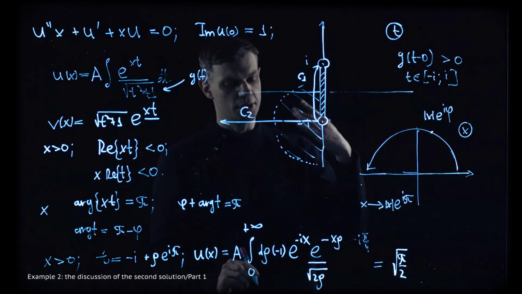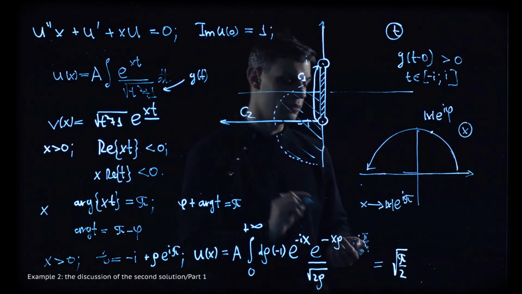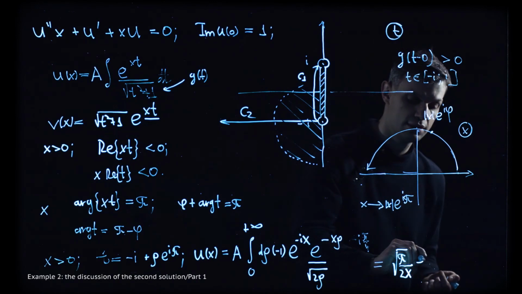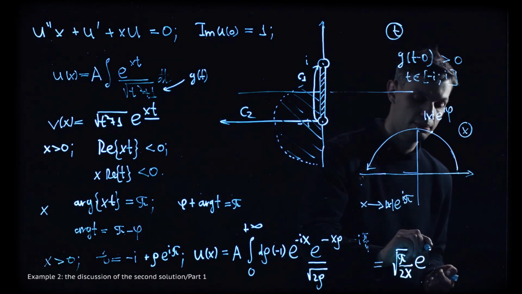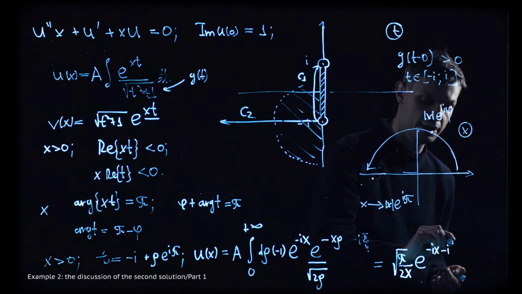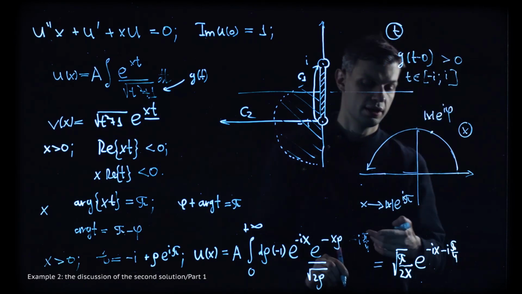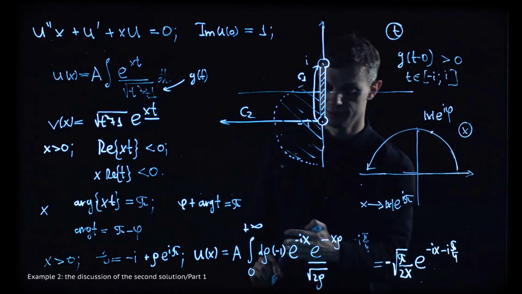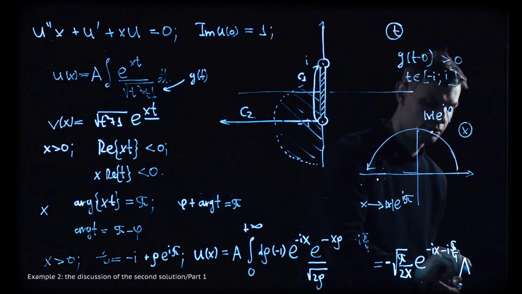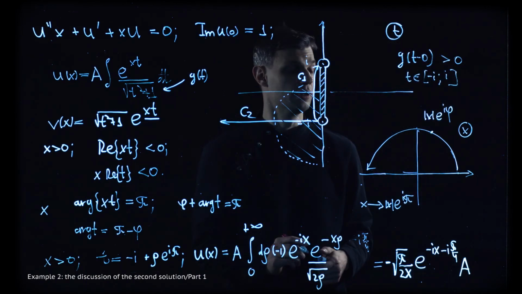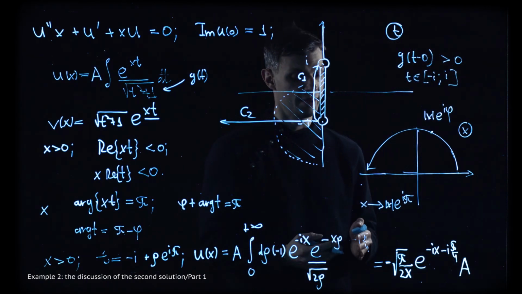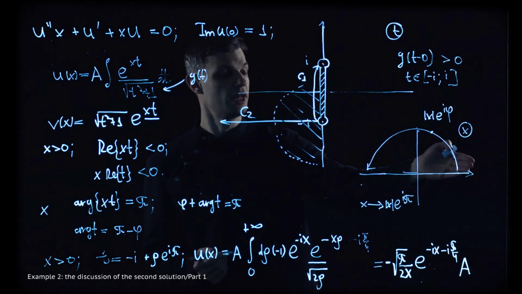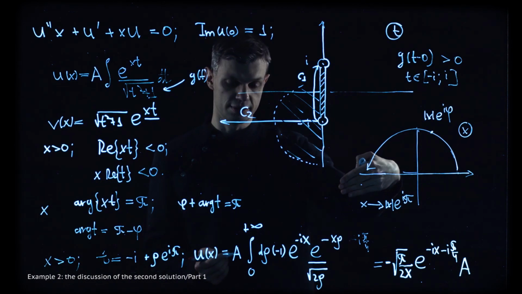Now, after the appropriate change of variables, as we did last time, you will get x in the denominator, and you'll get e to the minus ix minus I pi by 4 in the exponent of your exponential function. And naturally, you have a minus sign and constant A. Right, so now let's see what's going to happen with this asymptotics when x changes from big positive values to big negative values.